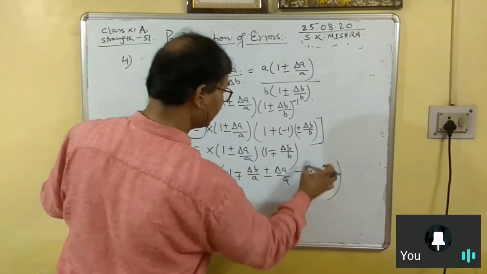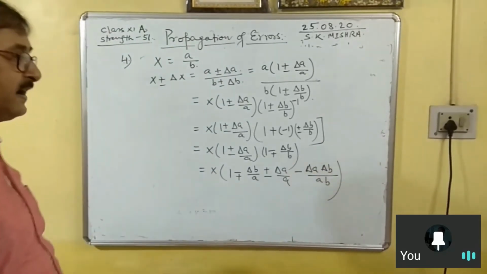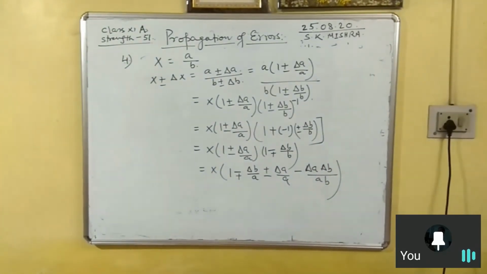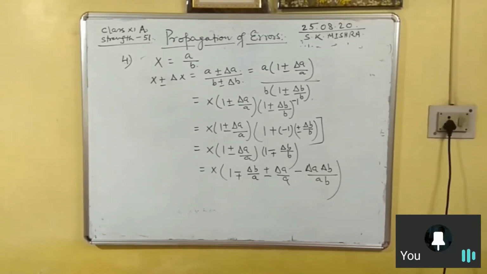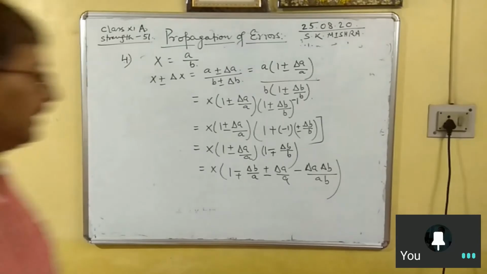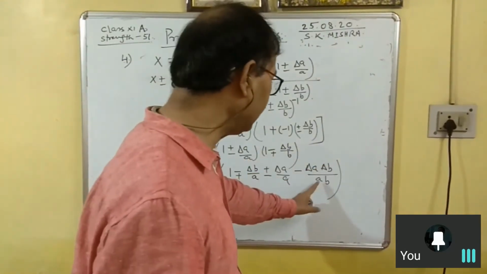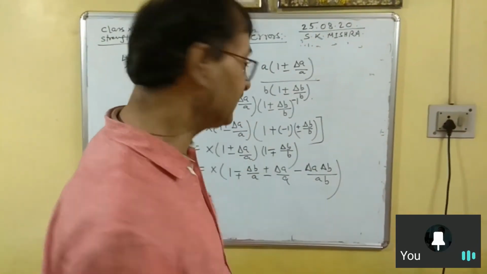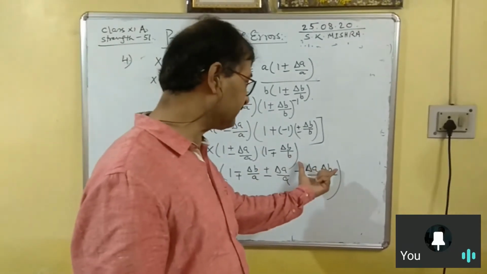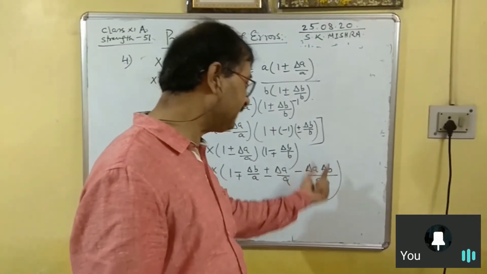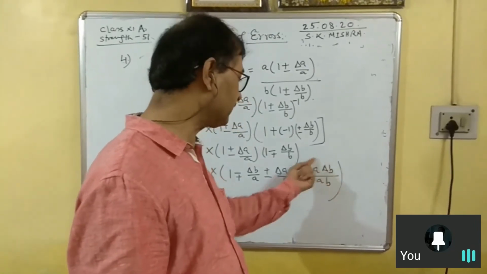Again we can ignore this part, because delta a into delta b is very, very small. Since delta a and delta b are very small, the product comes to be very, very small, and when you divide it by a into b, this number will be extremely small.